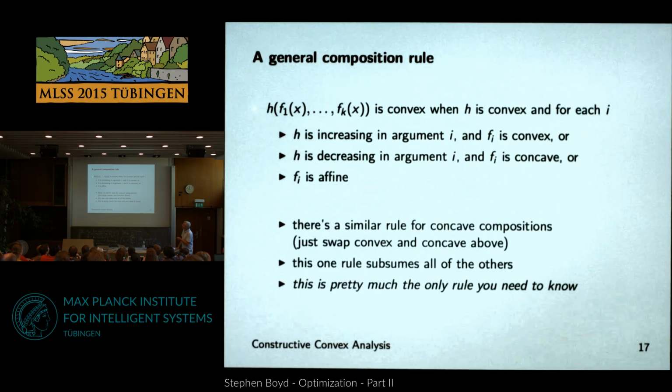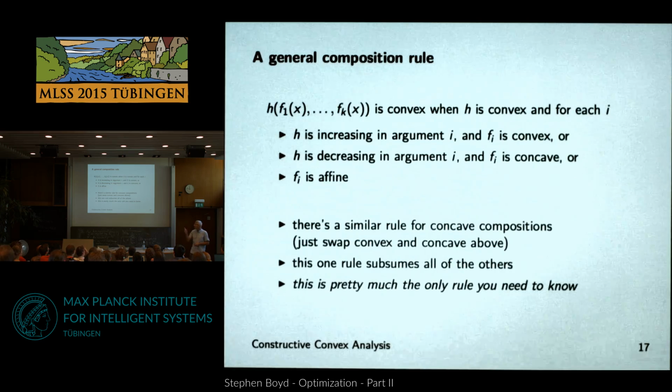It says if I have a function which is a composition of a function of k variables, that's h, of f1 of x up through fk of x, then this thing is convex if h is convex, if the calling function is convex, and the following holds for each argument. Either fi is affine, so if you have an affine argument, that's end of story, or h is increasing in argument i, and fi is convex.